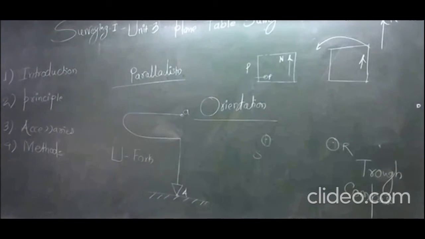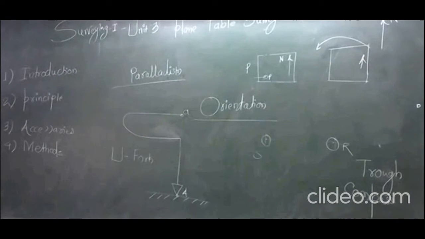Okay, so Shweta, are you there? Shweta, can you listen to me? Yes, sir. Okay, Shweta, can you tell me what is plane table? So plane table is a drawing sheet or a drawing board.